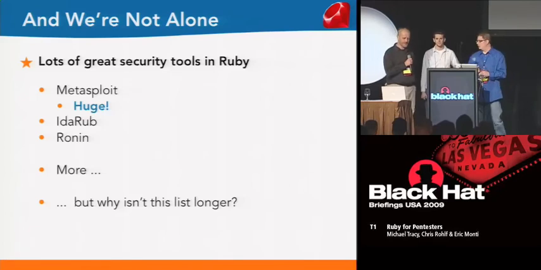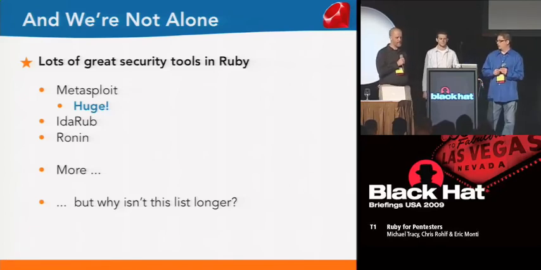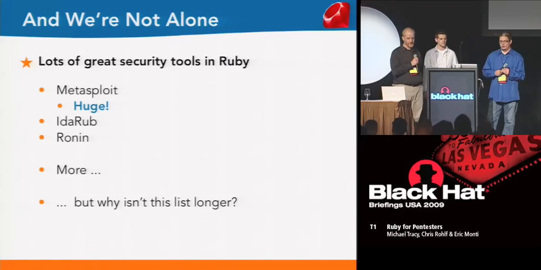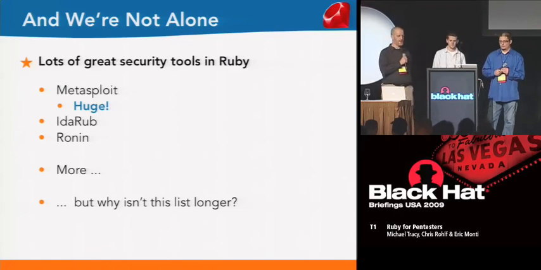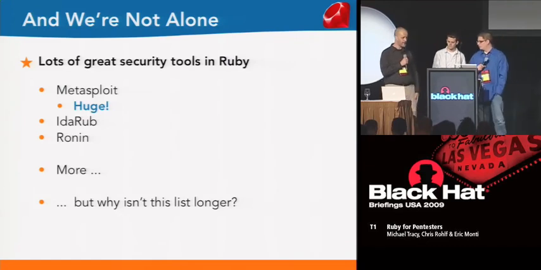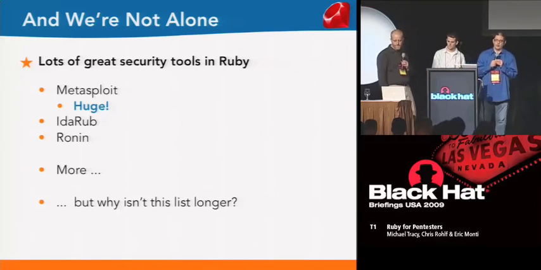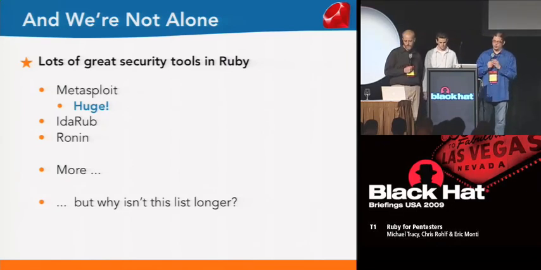But this list isn't as long as it should be, and why we're up here is also that we'd like to create more interest and more involvement in Ruby. So if you walk away today with a little bit more of that, then we'll feel like we've gotten something done. We love Ruby. What we want to do is show you how we use Ruby to get stuff done on really short time frames and maybe create some love for Ruby too.